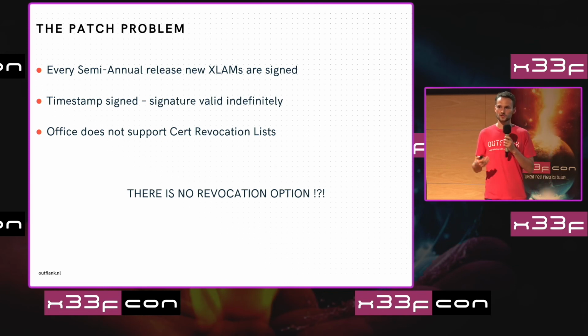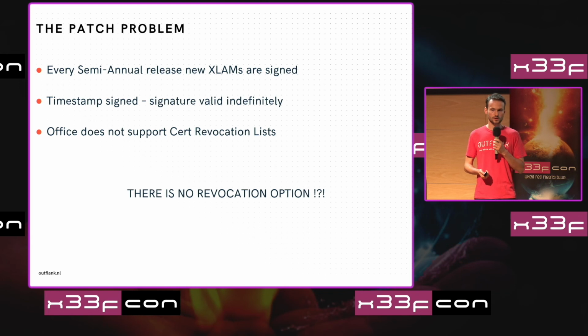Furthermore, these signatures, or these sheets, were timestamp signed, meaning that the signature is valid indefinitely. And Office doesn't support any certificate revocation lists, meaning that by design, there is no revocation option.